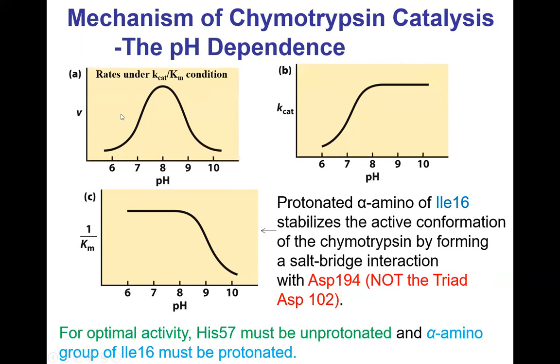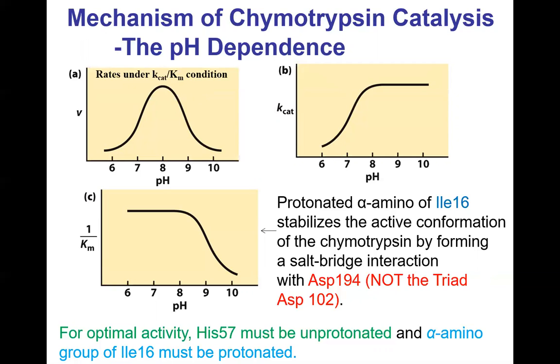In this experiment that you are seeing here on the left-hand side, they measured the rate of the chymotrypsin catalysis at different pH. But they carried out the reaction under kcat by Km condition. This is important for you.